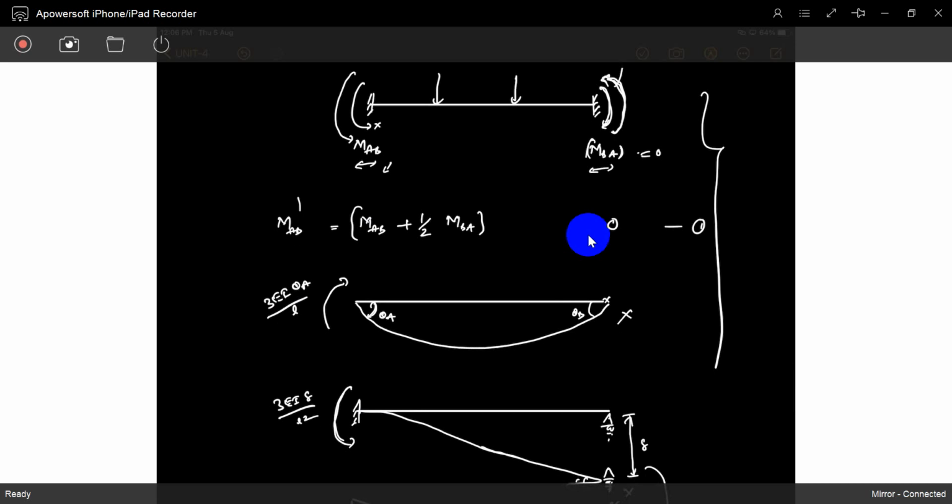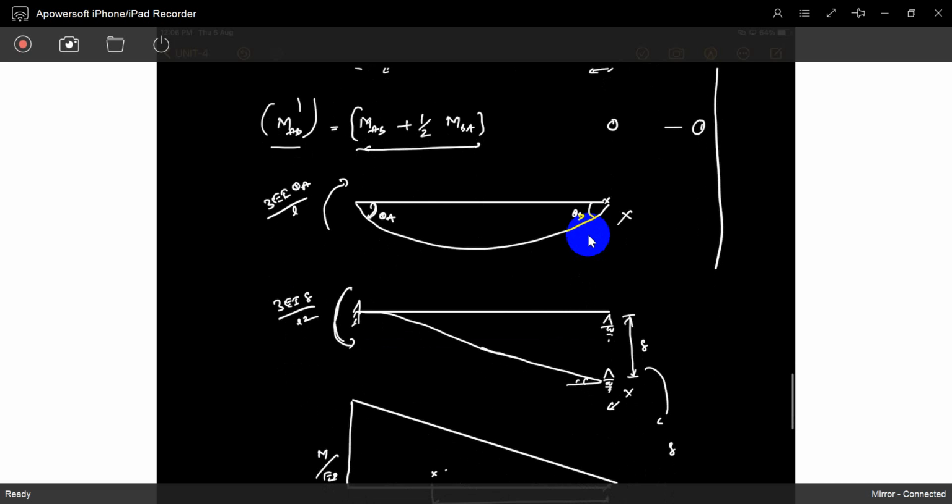The fixed end moment is MAB plus half of MBA. If some rotation is generated at the support, the moment is 3EI theta A by L, and if there is differential settlement, it is 3EI delta by L square.